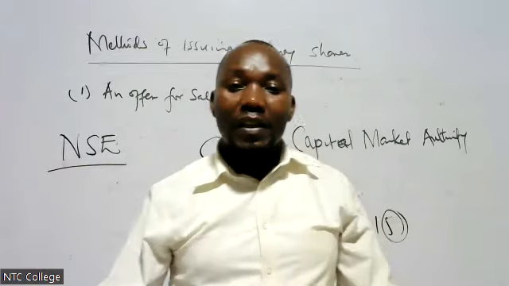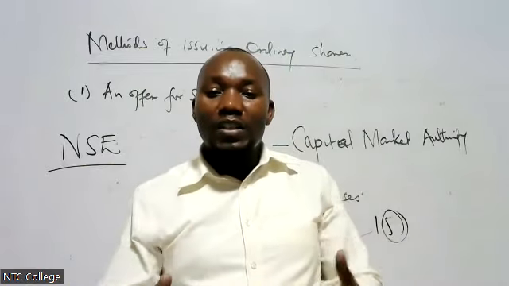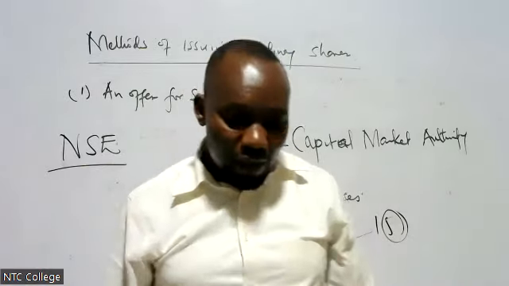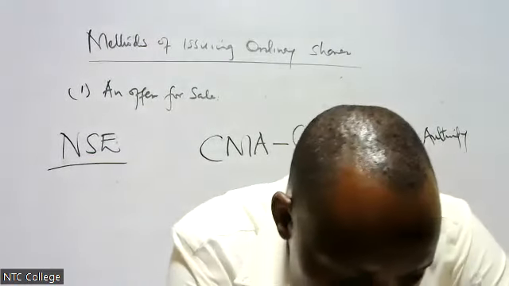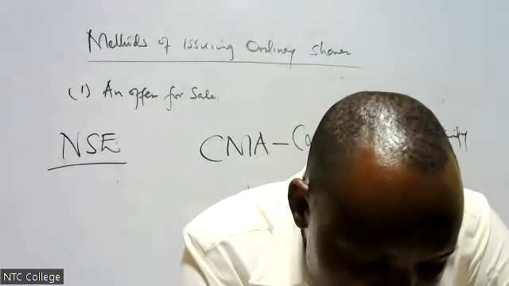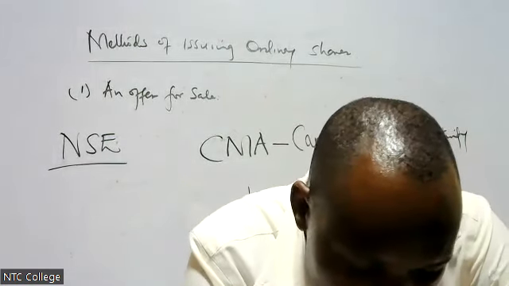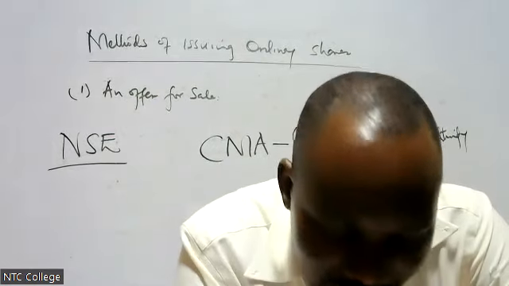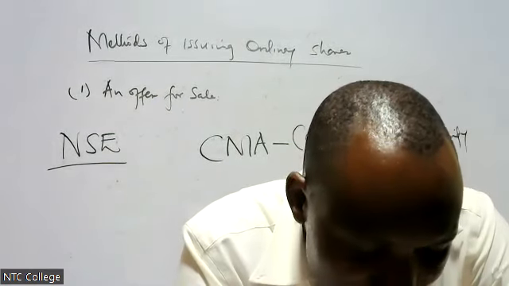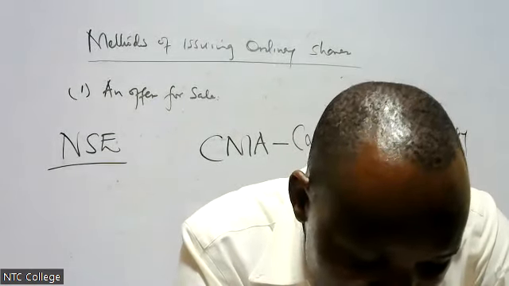A prospectus is a document that is prepared to attract people to come and buy. So check your notes if you've written the correct thing: the issuing company sells the entire issue to an issuing house, which then publishes the offer, which acts as the prospectus.